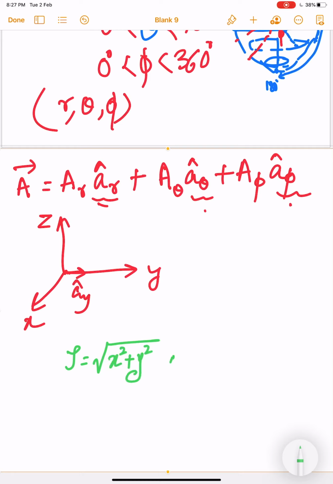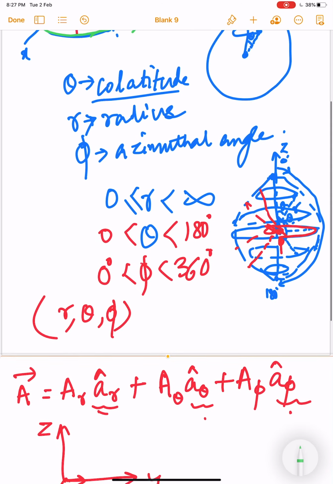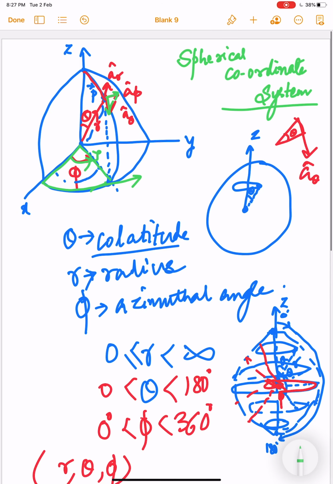In this case, our r will be root of the sum of the squares of all three Cartesian coordinates. And what else? We have theta.